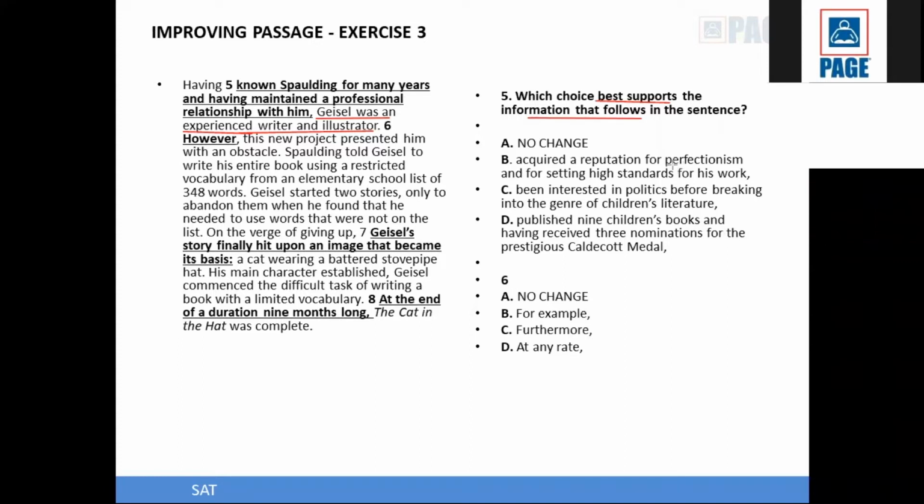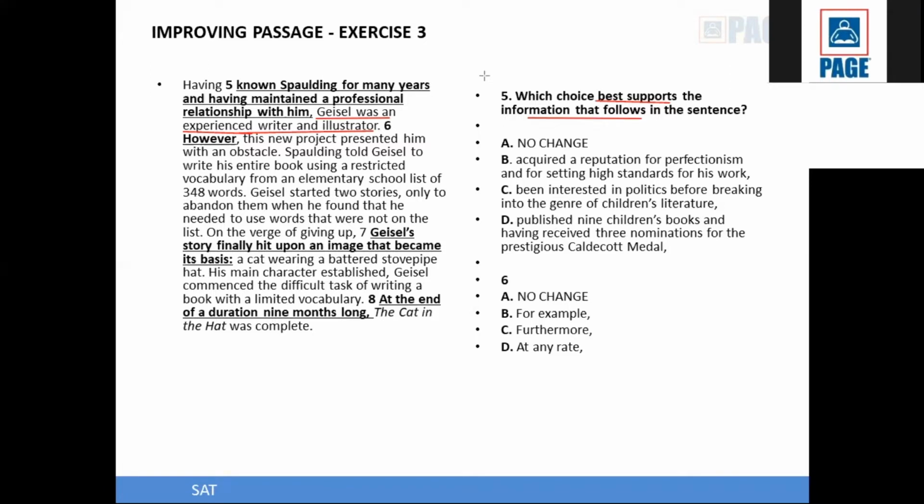Acquired a reputation for perfectionism and for setting high standards for his work, or been interested in politics before breaking into the genre of children's literature. They did talk about children's literature. Published nine children's books and having received three nominations for the prestigious Caldecott Medal. Caldecott Medal is a medal which is given for illustrations.